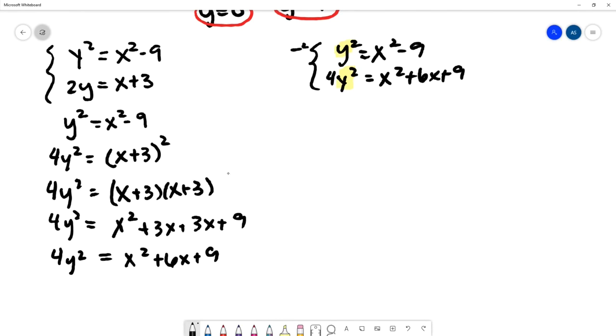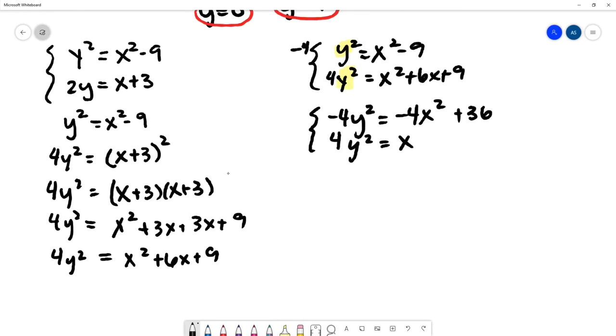I'm going to multiply the first equation by negative 4 so that I can have the same coefficient with the opposite signs, and that will give the system negative 4y squared equals negative 4x squared plus 36. The second equation is staying the same.